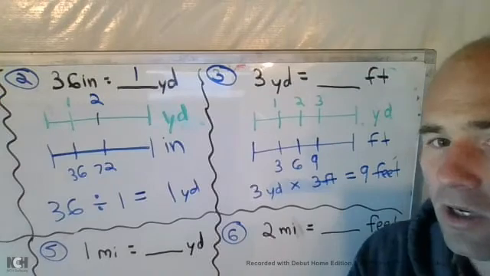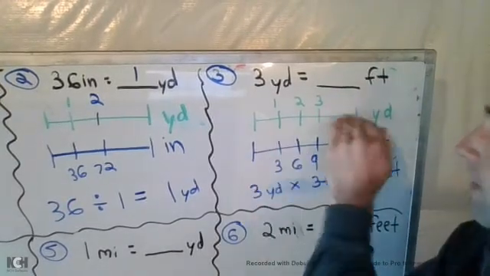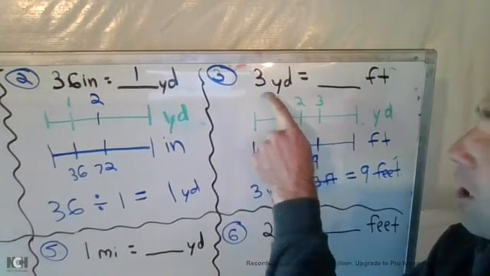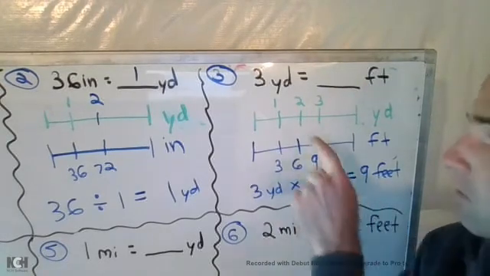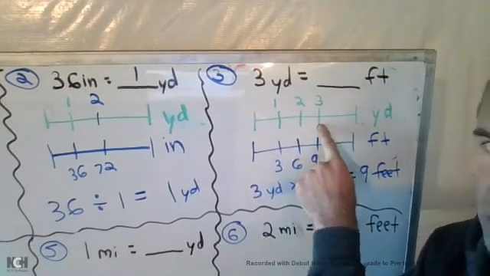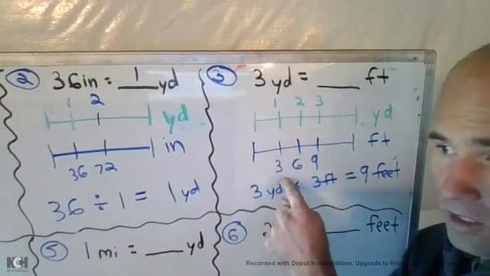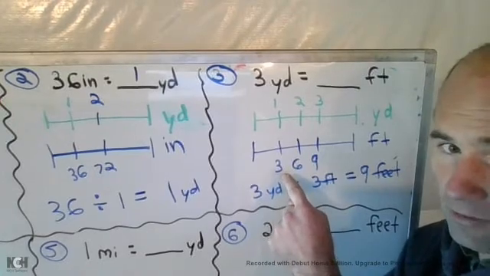So I made 2 number lines here, calling it a double number line. One that was yards, the other one with feet. I know there's 3 yards, but I don't know how many feet that is. So I went up to 3 for my yard number line. I also know, according to my chart, that there's 3 feet in a yard.